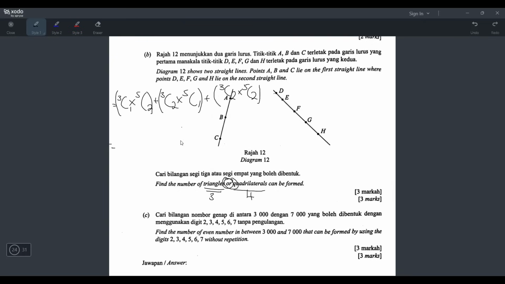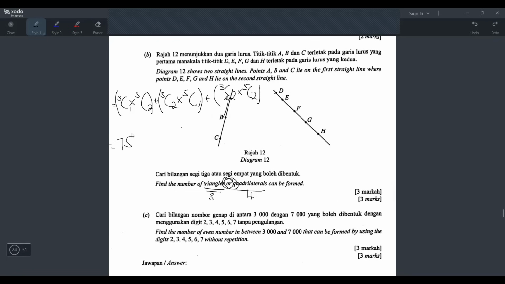Oh, I think I made a mistake here. For the number of quadrilaterals, if I want to form quadrilaterals, it means 2 points here, 2 points here, right? So like this.